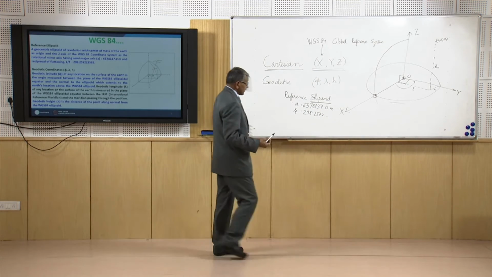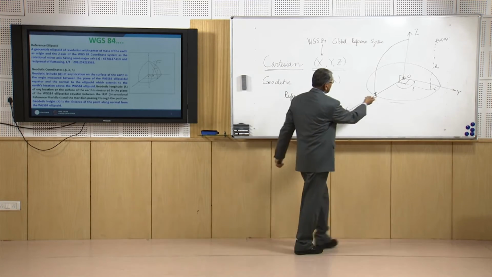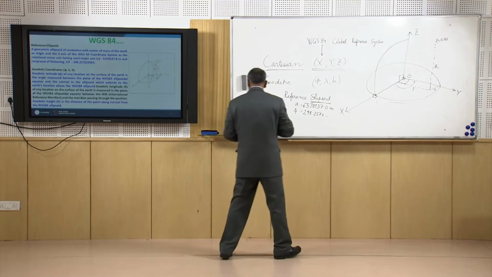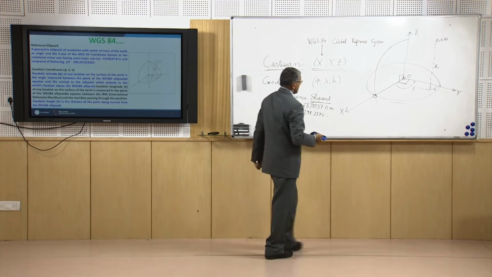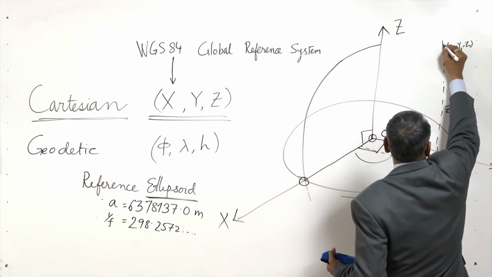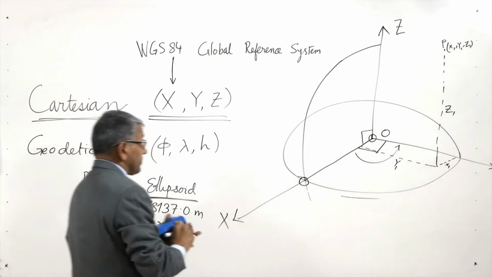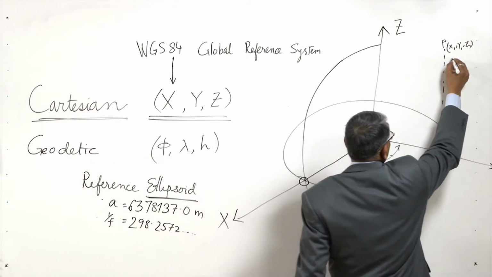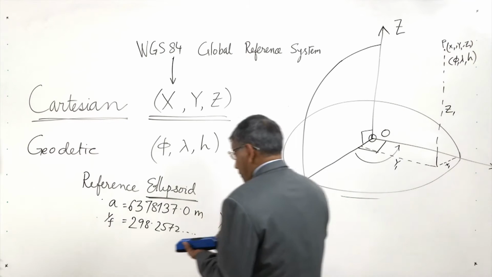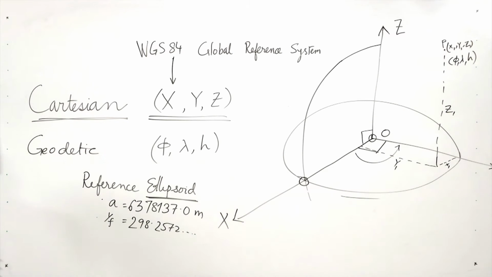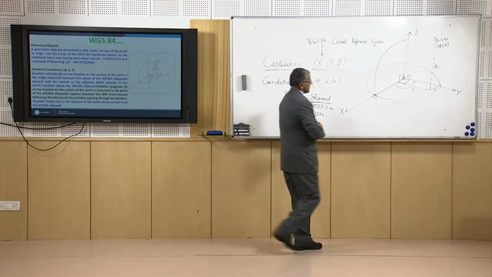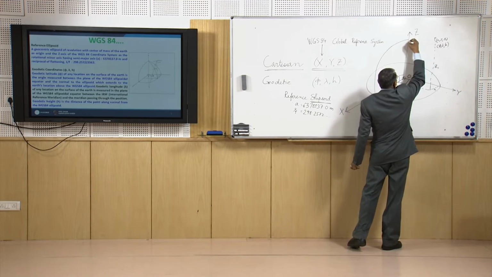Now this is the reference surface or reference ellipsoid above which the height is measured in case of the WGS84 coordinate system. Suppose we take a point, that will be defined by a latitude, longitude and height. This is the reference surface.